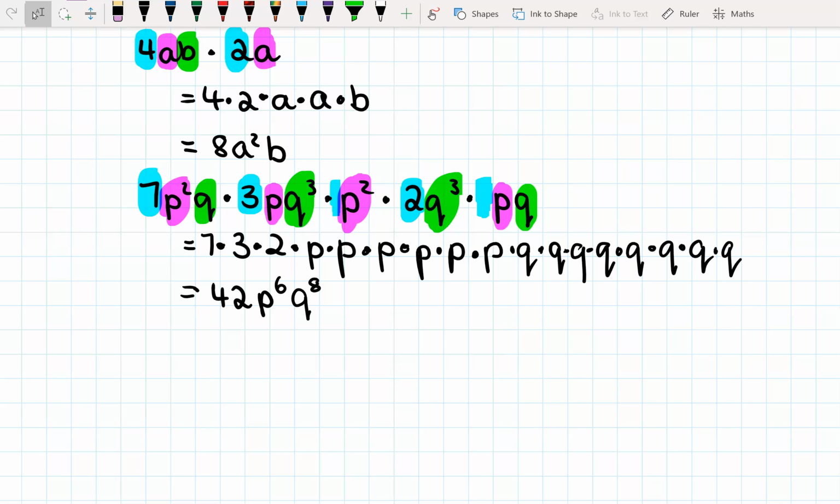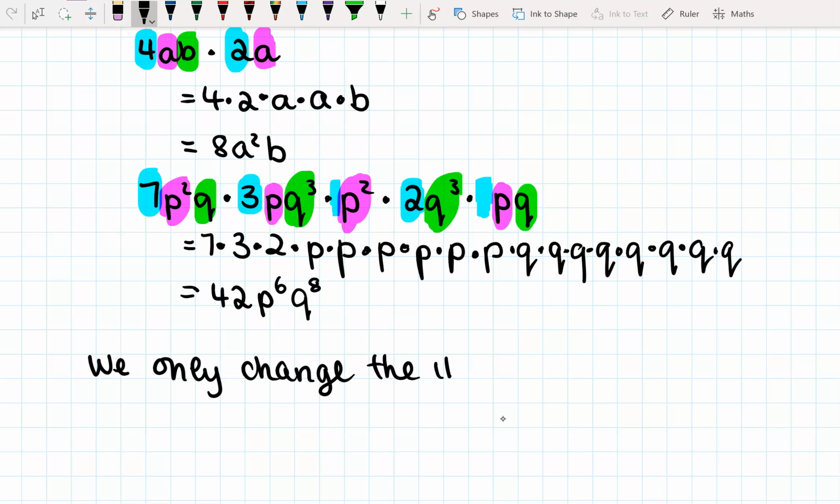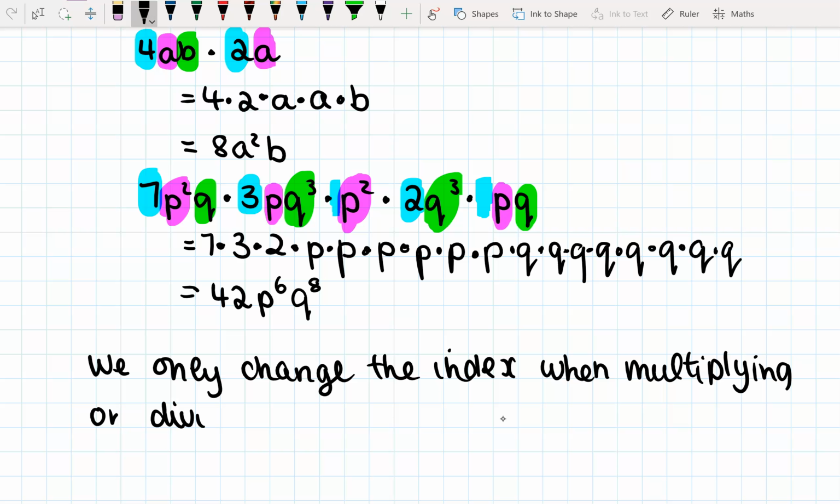Now we only change the index when we multiply or divide.